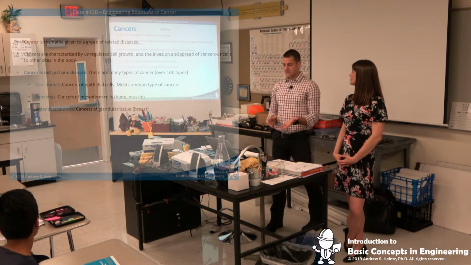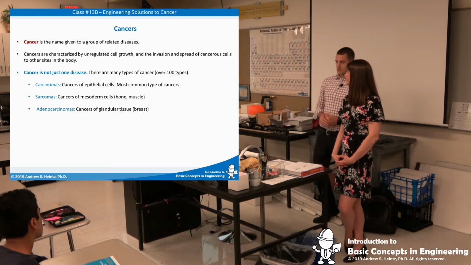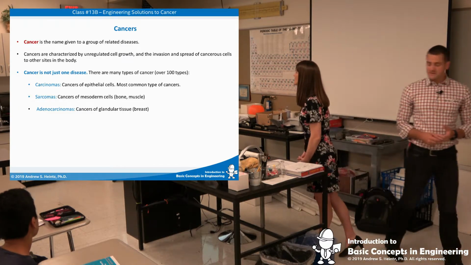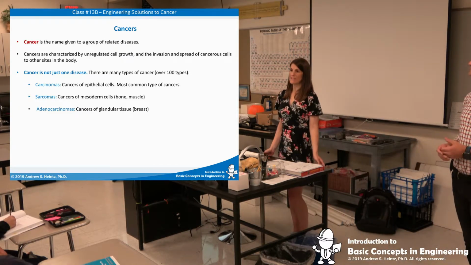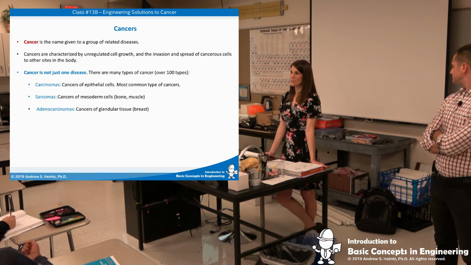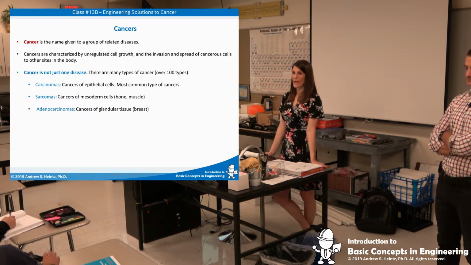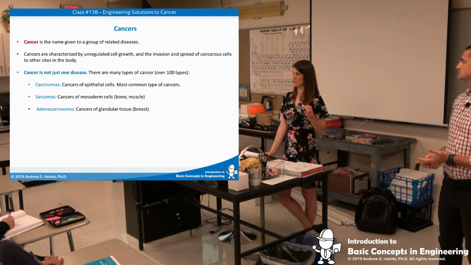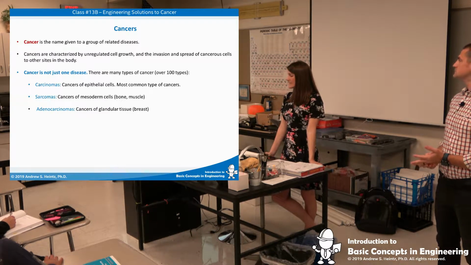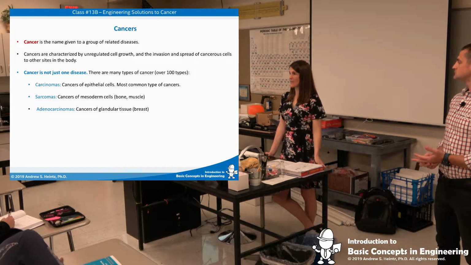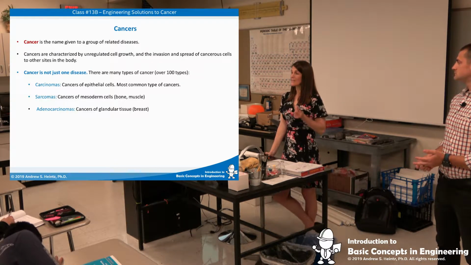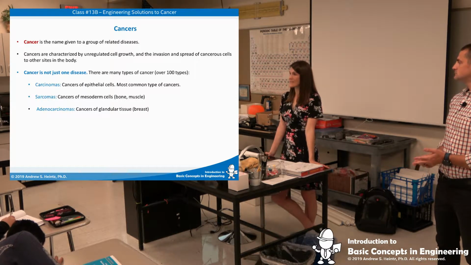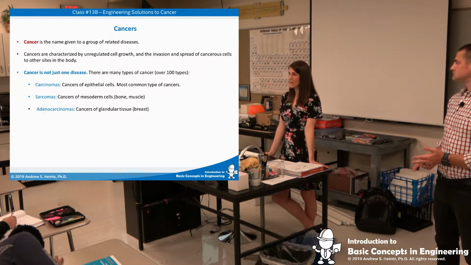All right, so you want to take it away for the carcinomas, sarcomas, and adenocarcinomas? The different nomenclature that you give to the different types of cancers really just depends on where the cell originated from. Carcinomas arise from the epithelial cells, and this is really our most common type of cancer.